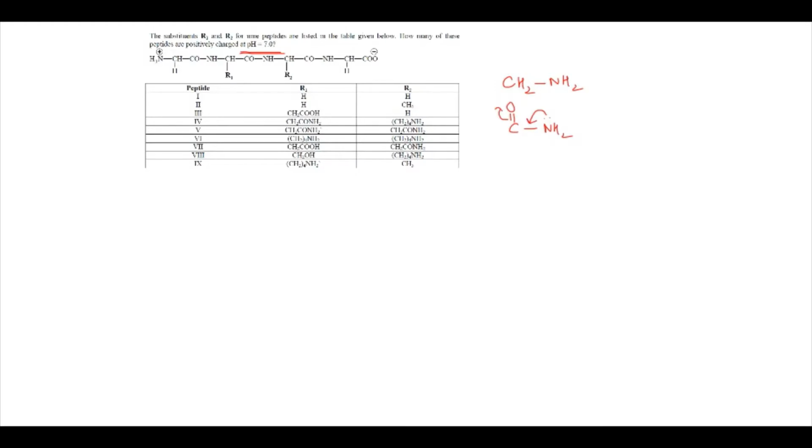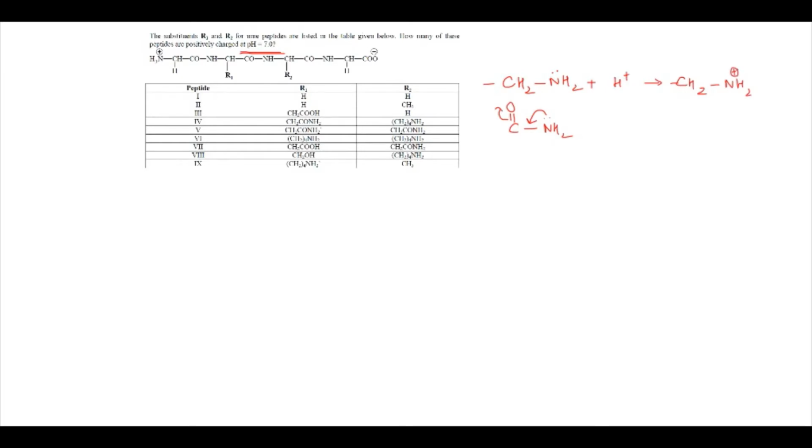But we need an electron pair, because if the electron pair is available, then only it can acquire a proton from the solution at pH 7 and generate a positive charge. So acquiring a proton from the aqueous solution, it will look like this.